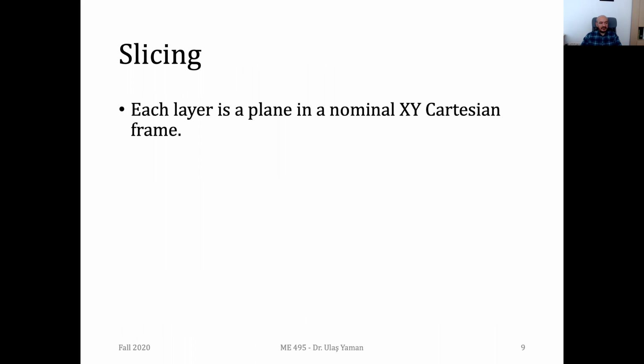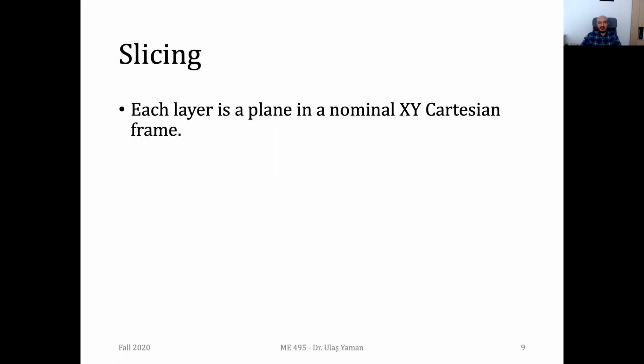So now let's focus on slicing, which is the biggest issue actually in additive manufacturing. Without slicing, you cannot do the manufacturing in additive manufacturing technologies. So we'll spend some time on the slicing, how we do it, what are the types of algorithms, and we will be going into details of these methods.